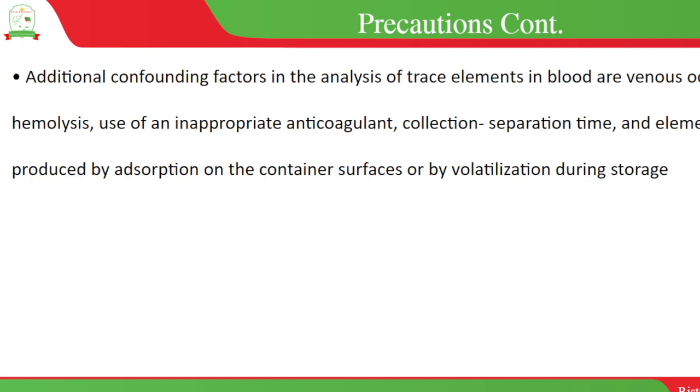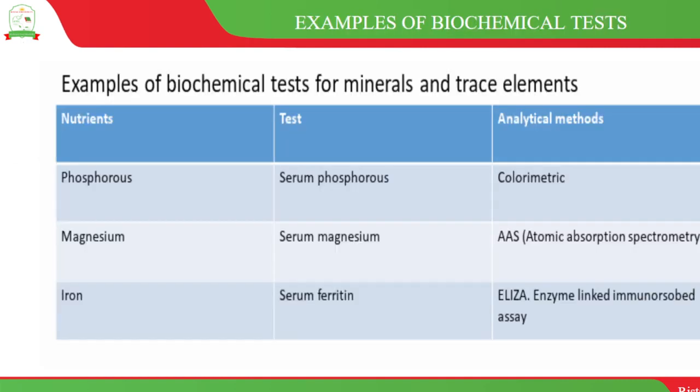Some of these nutrients can stick to the walls of the container, and others are very volatile and can be lost during storage. Examples of biochemical tests: we have phosphorus, where we test serum phosphorus, and the analytic method is colorimetric. We are going to look into some of these analytic methods, though not all.